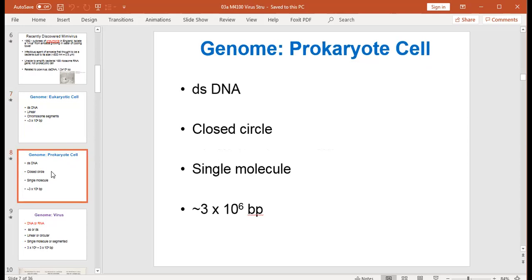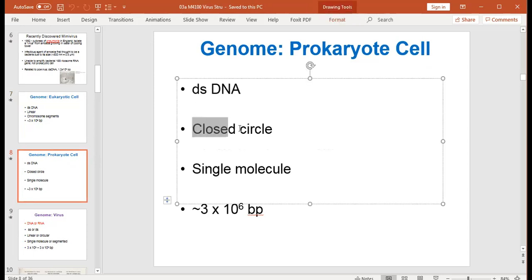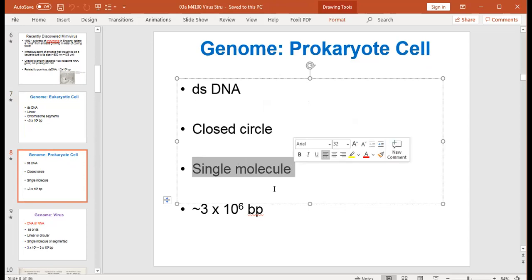Whereas the genome of prokaryotic cells is a double-stranded DNA again, but it's a closed circle. Unlike eukaryotic, that has chromosomal segments, this is a single molecule and is significantly smaller, about 3 times 10 to the power 6 base pairs long.